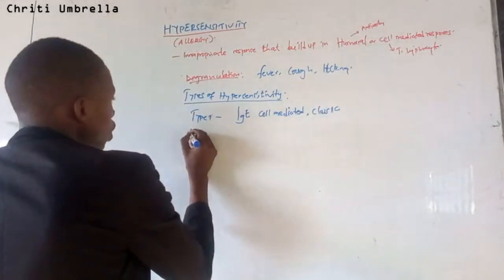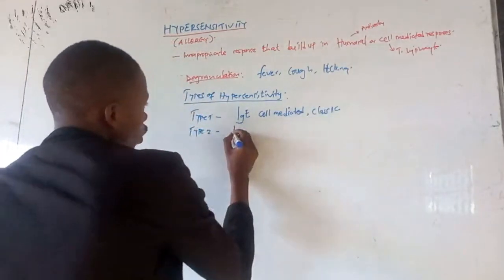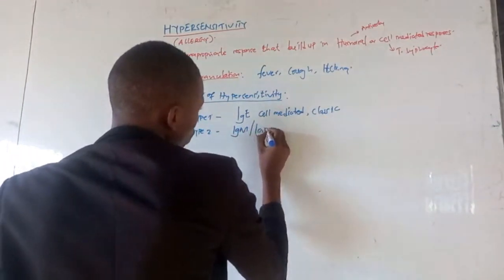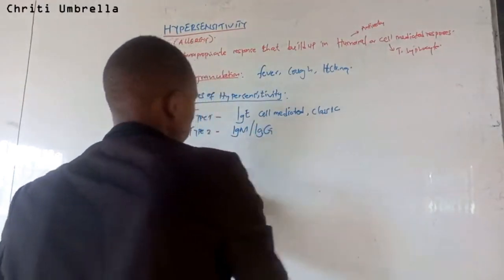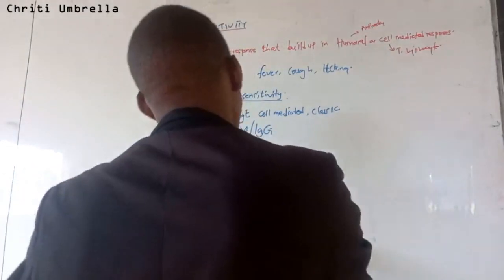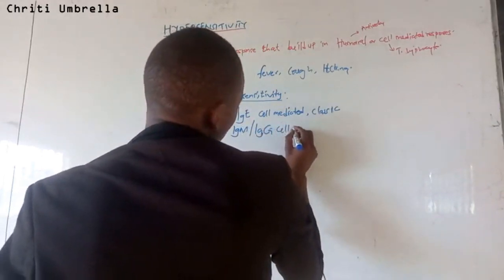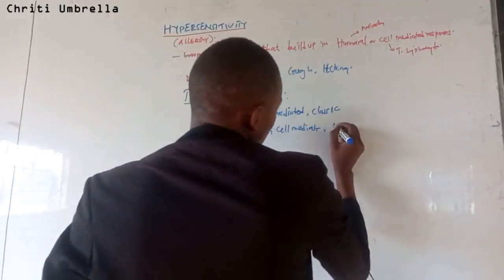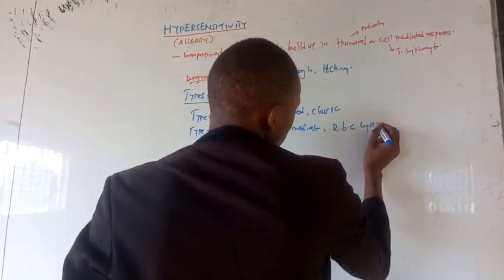Another one we shall talk about is type 2. Type 2 occurs in immunoglobulin M and immunoglobulin G. This one is also cell-mediated, and sometimes it is called red blood cell lysis.